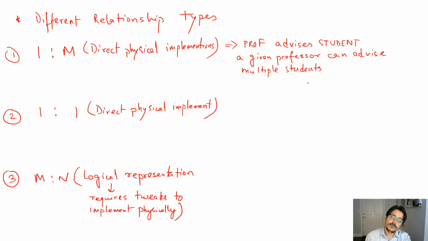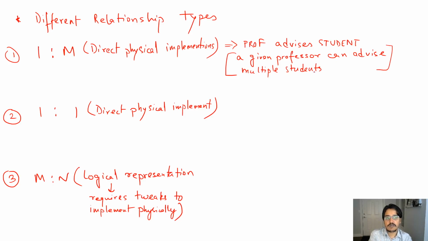Later on, when we choose a specific data model, you will see that when we are interpreting the nature of the relationship between two entities and we express it something along these lines, we have to specify both the lower bound as well as the upper bound. So that means a given professor can advise at least 0 or more students. Okay, so a professor may or may not advise a student.